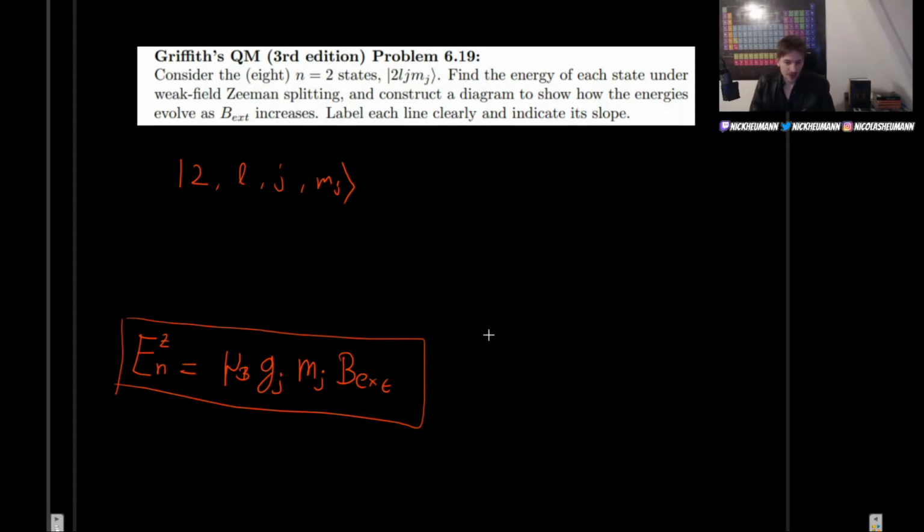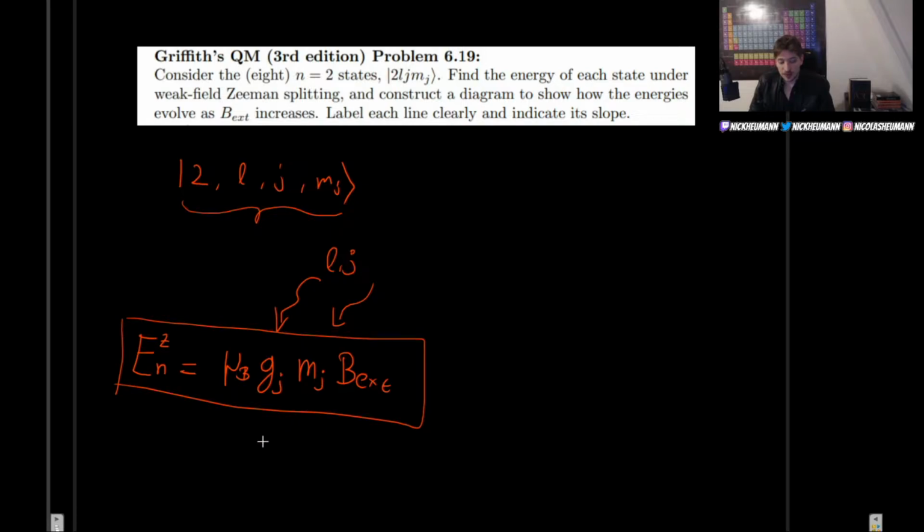All right, so to find each one of these, we clearly need to know each L and J for g_J, and we also need to know m_j. That's why we labeled each state like this with L, J, and m_j, because those are all the values that we need. So we need to find the quantum numbers for each one of the states.